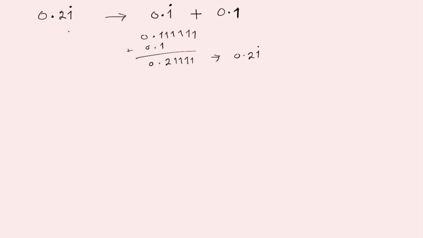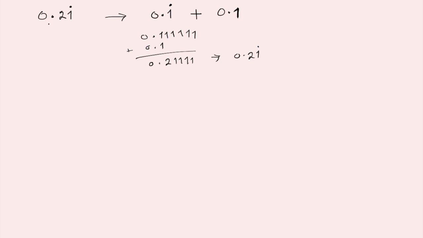So we might as well say that this is 0.1 repeating plus 0.1, because 0.1 repeating is 0.111111, and if you add 0.1 to it, that's going to be 0.21111, which is equal to 0.21 repeating as we have here. But 2 is not repeating, so only 1 is repeating.